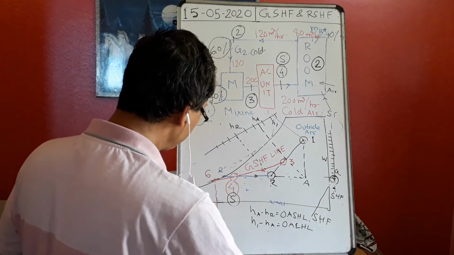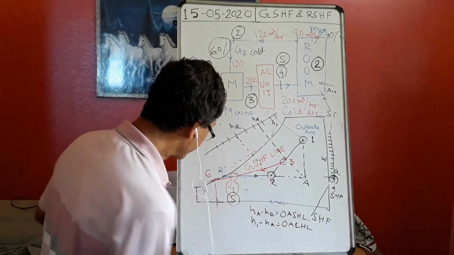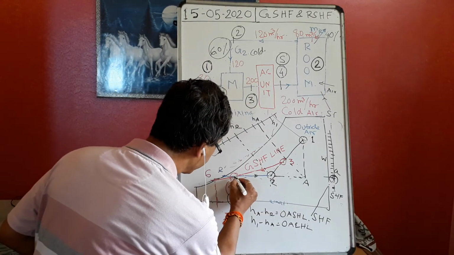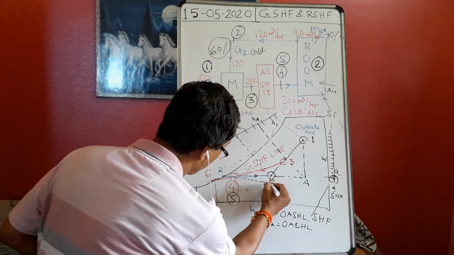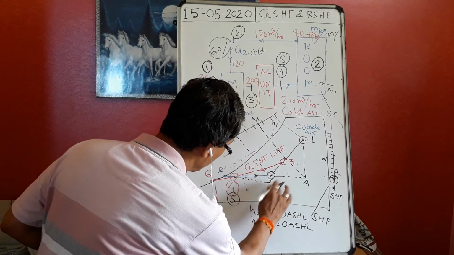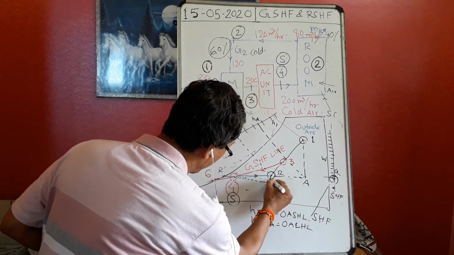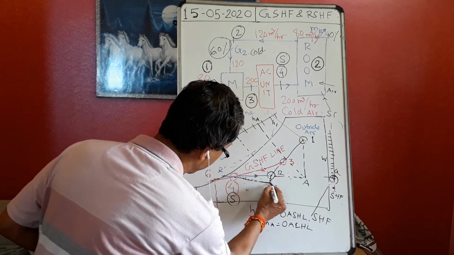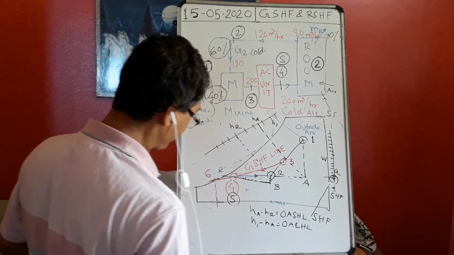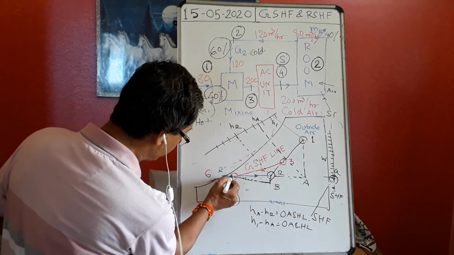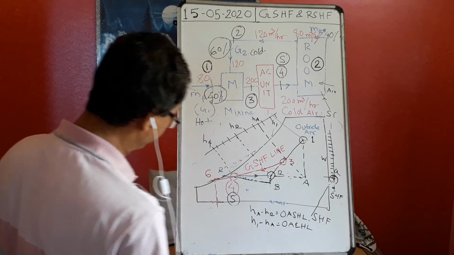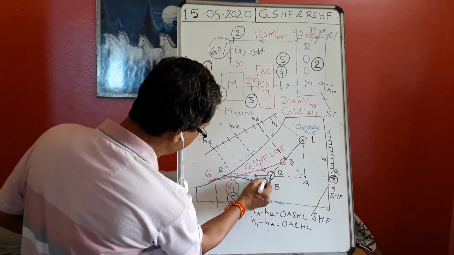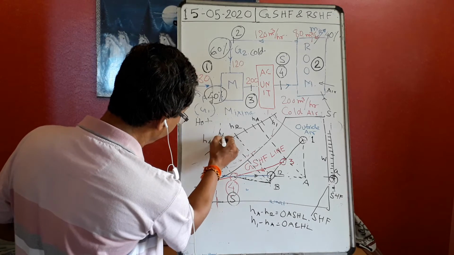Then what is the room? The room is here. From the room condition to the supply condition, you draw one line, and draw this line dotted. Suppose the room condition is here, and if you draw the vertical line and the horizontal line, this point is B. This is H4 enthalpy, and this is HB.